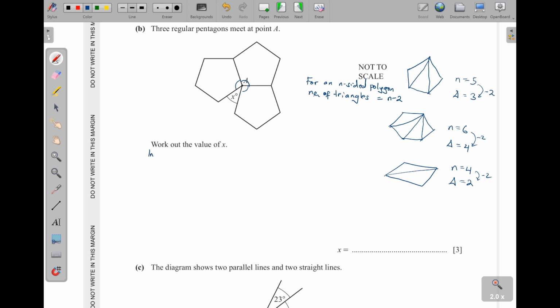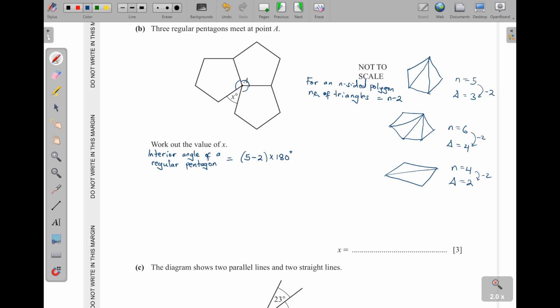So meaning the interior angle of a regular pentagon is going to be equal to n minus 2, that will be now 5 minus 2, then times 180.